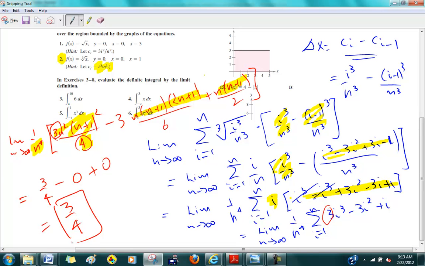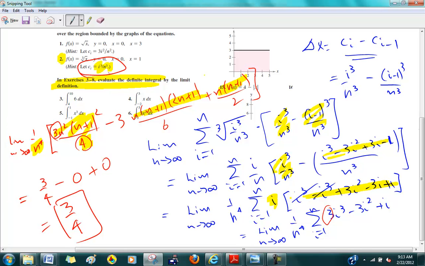Instead of rectangles of different widths, we're going to do equal width, because here there are no directions about what to do with c_i, whereas in the other problem they told you how to write it. In 3 through 8 they didn't, so just use equal width.